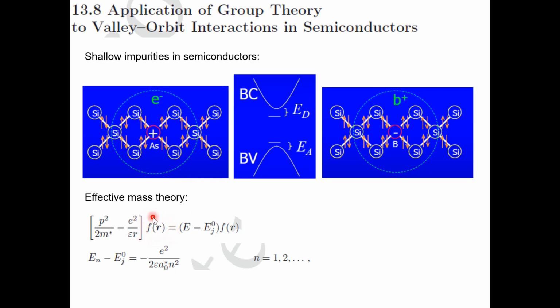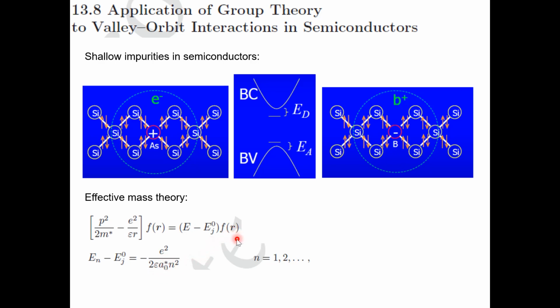This is an envelope function, which is a smoother and slowly varying function that is going to give me basically the solutions, the energies of the hydrogen atom modified by the dielectric constant and the effective mass. So this is a modified Bohr radius, and the effective mass goes in here.